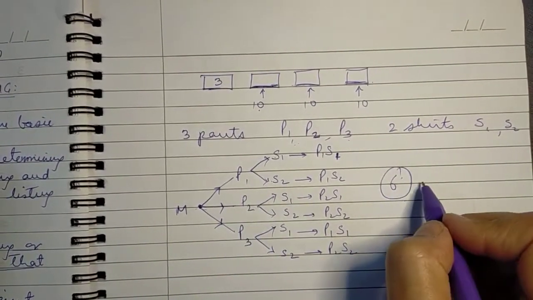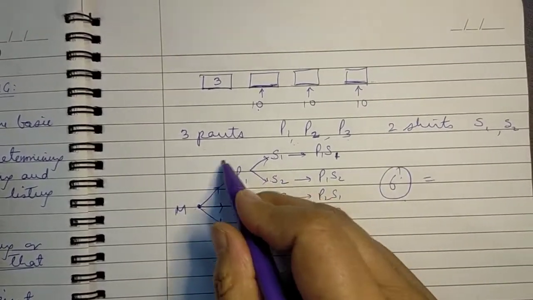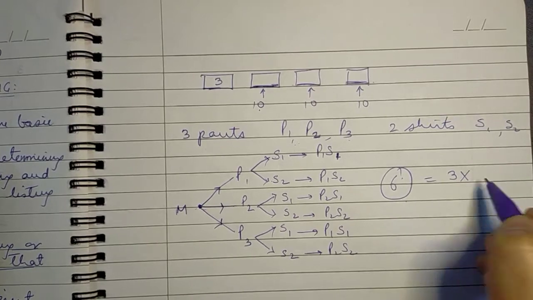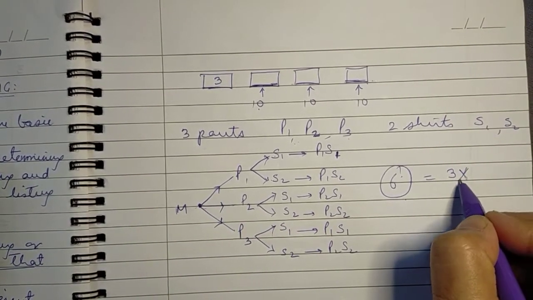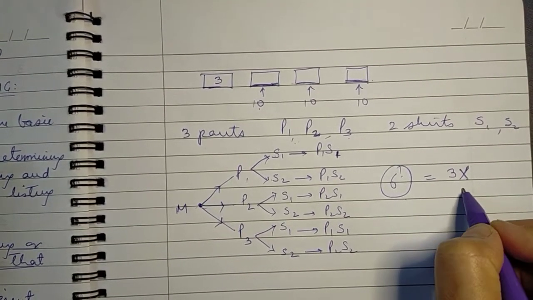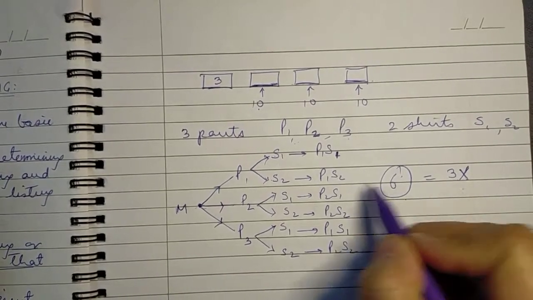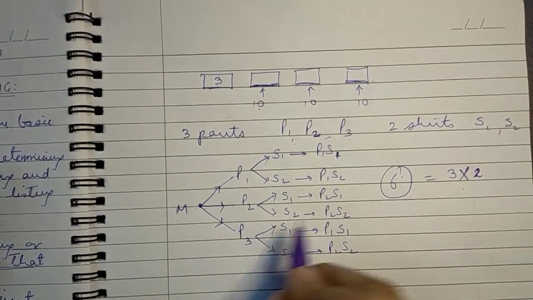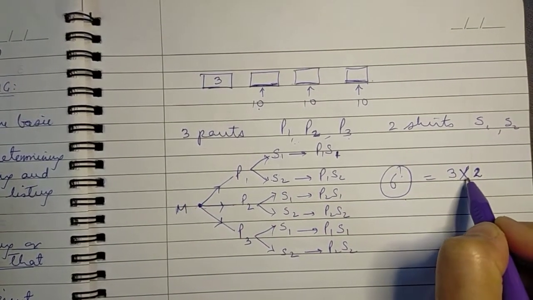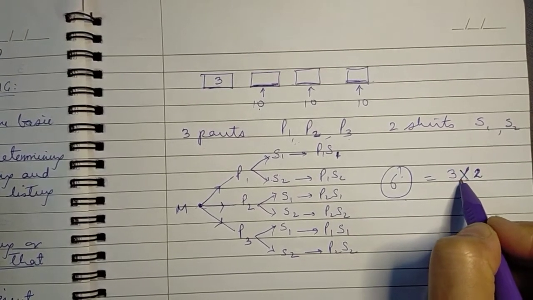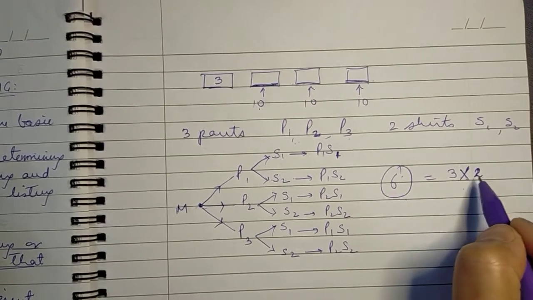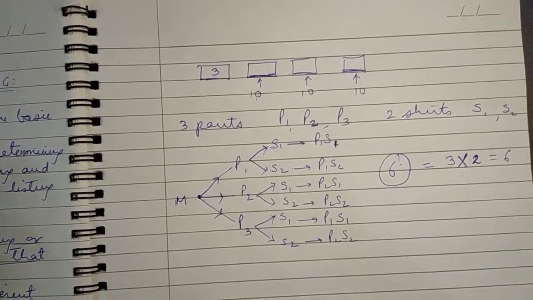Or this could be obtained by: there are 3 different trousers to choose from, and we combine this with a multiplication sign, and there are 2 shirts to choose from. He first chooses the pants, so 3 options for that, followed by choosing the shirts from 2 options available. So 3 into 2, that is 6.